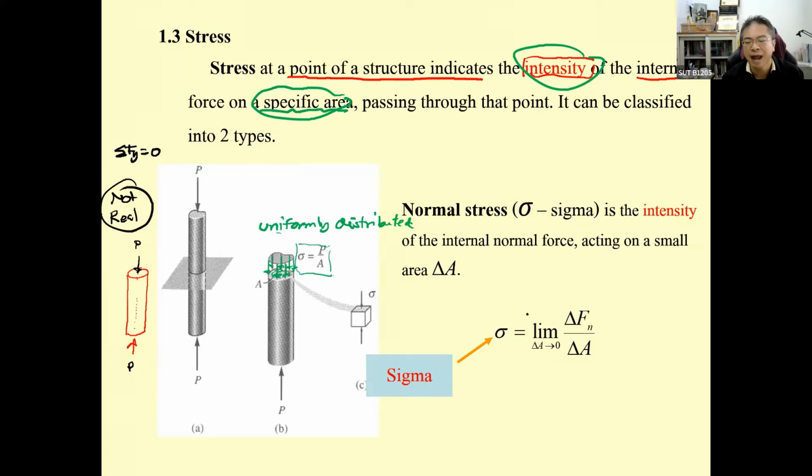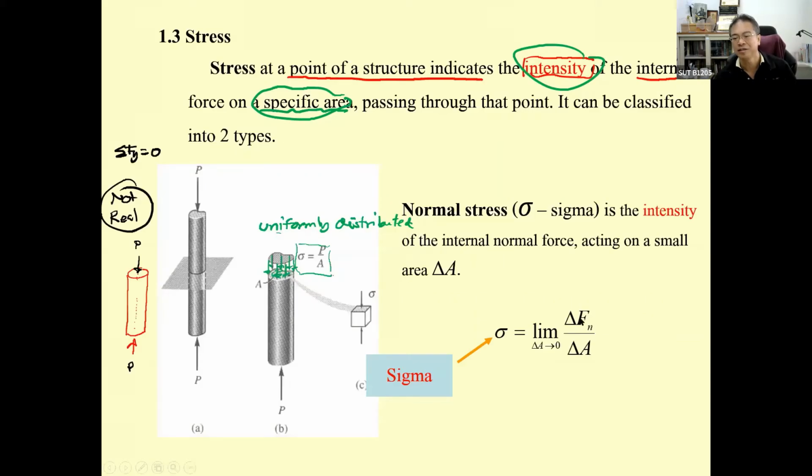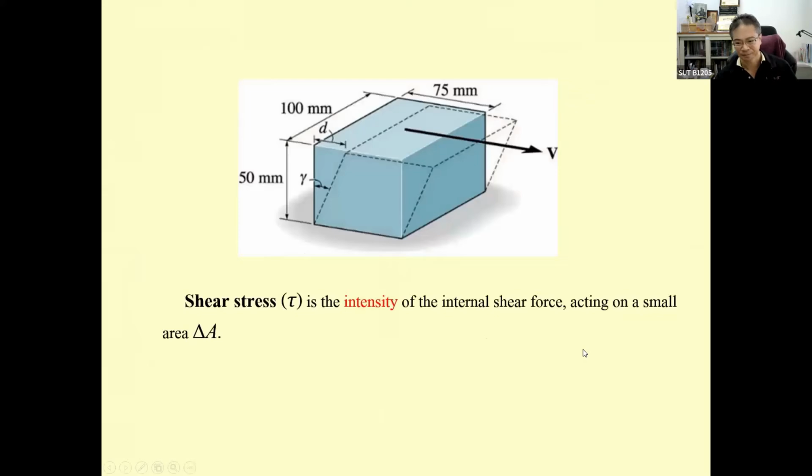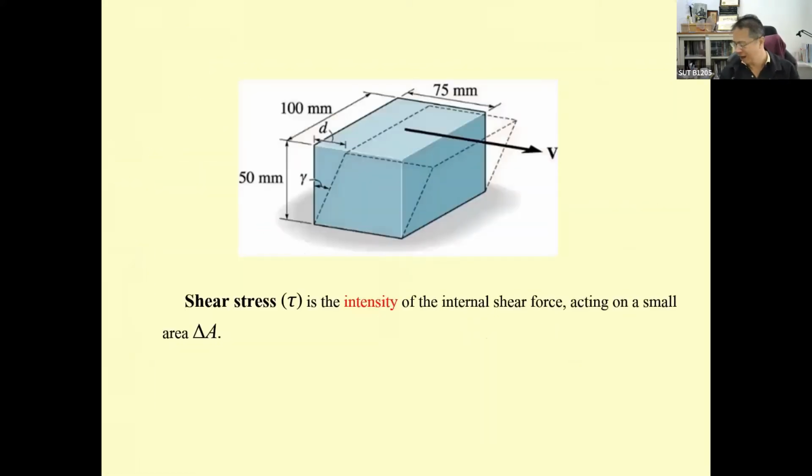So by doing that, you can take the limit out of this equation. So it's going to be the force divided by the area. Okay, and then we come to the next one. The next one, you may use this sponge. And then when you apply the force, your force like this one.